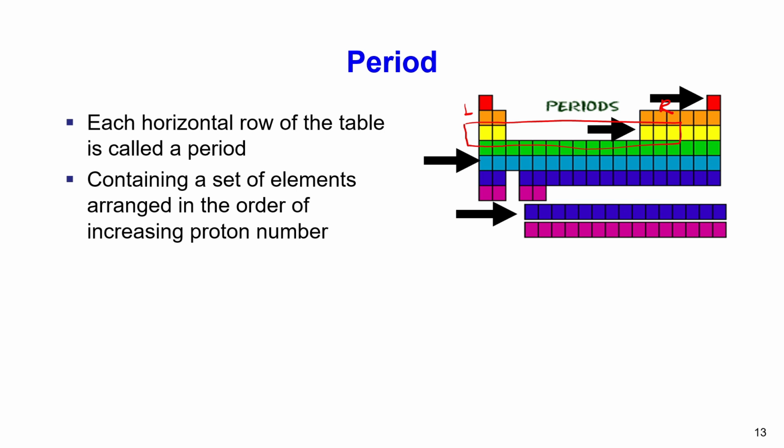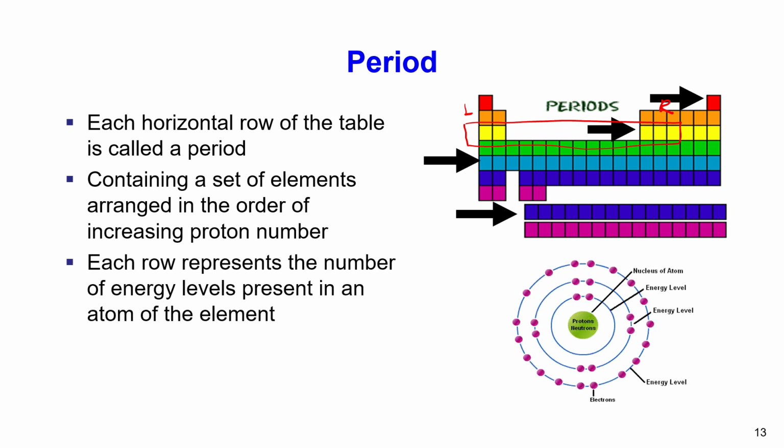So in the periodic table we have 7 periods. Each row is arranged in order of increasing proton number, and each row represents the number of energy level. So for example, we have this one: 1, 2, 3, 4, 5, 6, 7.